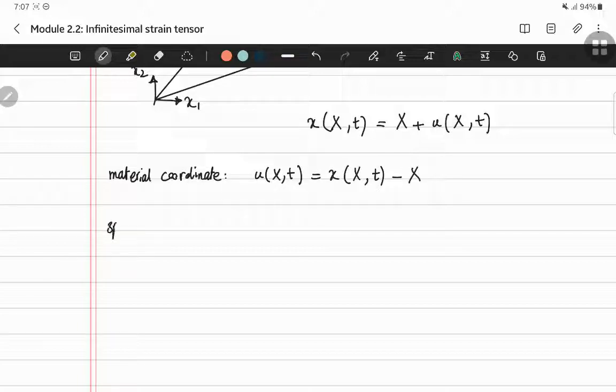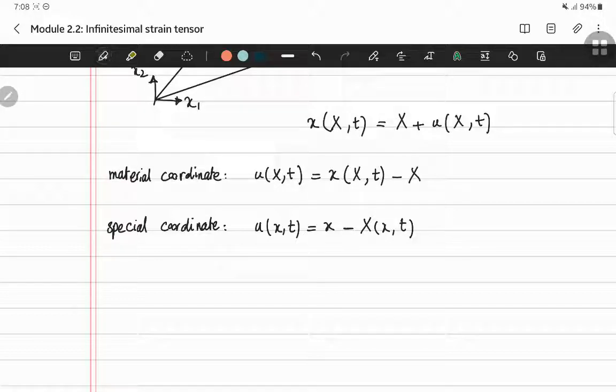But you can write it in a spatial coordinate. So u becomes a function of small x and t, is equal to small x minus capital X, which is a function of small x and t. All right, so this is basically our displacement field in here.